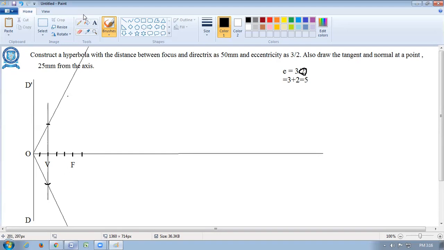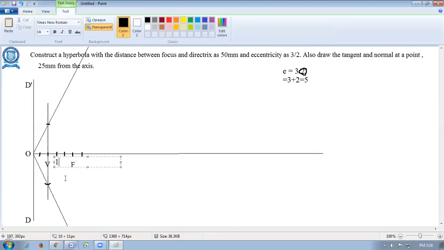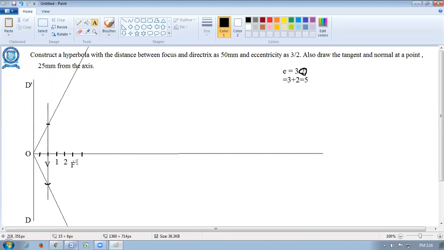Mark the points 1, 2, 3, and 4. And connect those points like this.